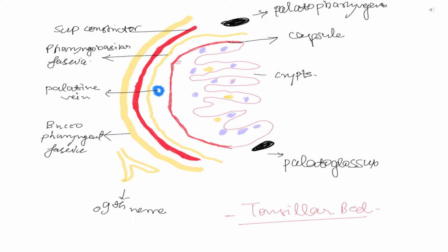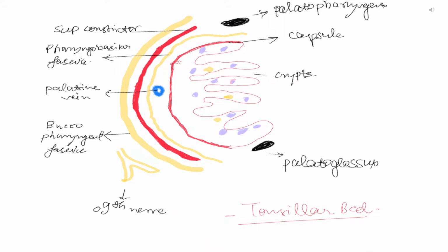So here is another handmade, not that good, diagram of tonsillar bed. Here we can see the tonsil, and there is fibrous capsule that is marked in deep red color. After that there is palatine vein. Then we can see buccopharyngeal fascia, pharyngobasilar fascia, and in between there is superior constrictor muscle.